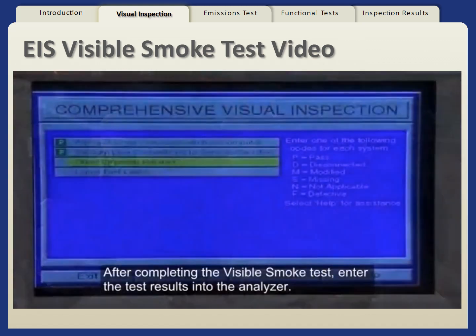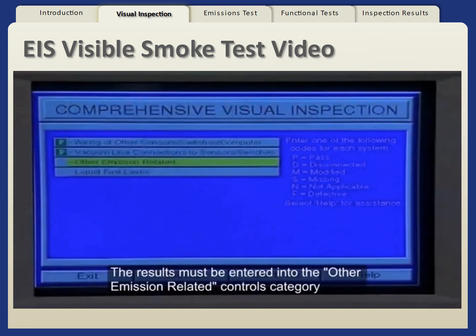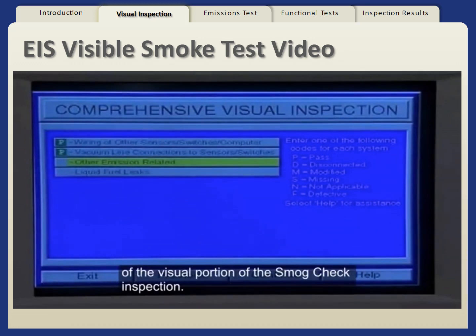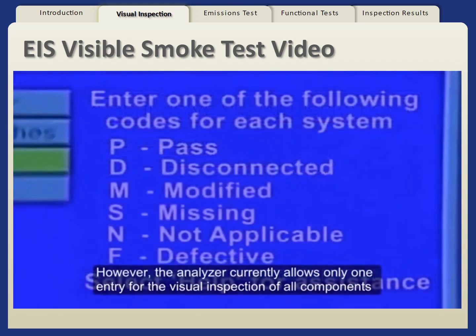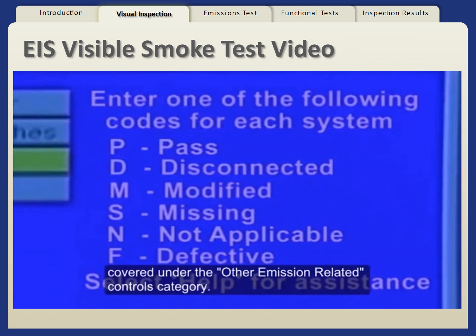After completing the visible smoke test, enter the test results into the analyzer. The results must be entered into the other emission-related controls category of the visual portion of the Smog Check inspection. However, the analyzer currently allows only one entry for the visual inspection of all components covered under the other emission-related controls category.